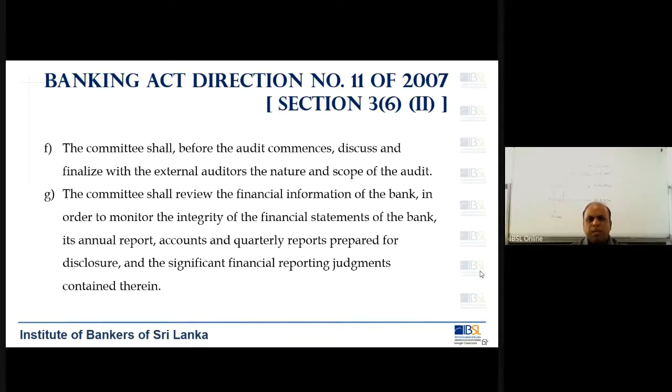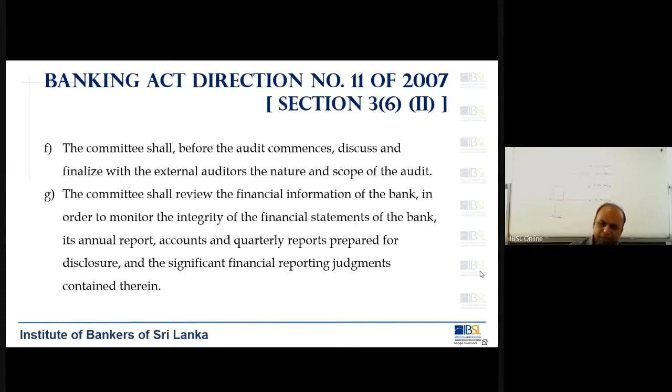Once you receive that confirmation only, it goes to your board of directors, because the board audit committee will be a small component of your board of directors. Then it has to go to the full board of directors. With their recommendation and approval, then only these financial statements go into the public.